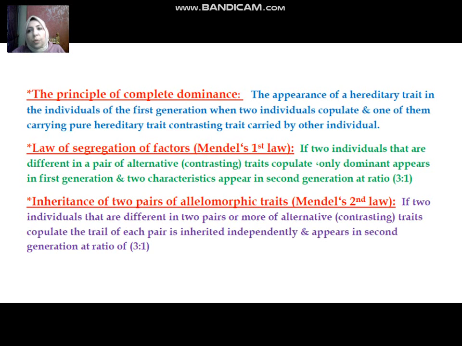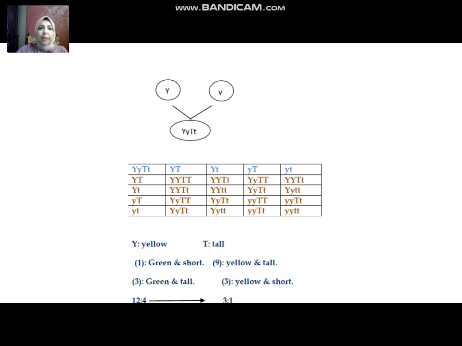For example, a pea plant with tall stem and yellow seed, two dominant traits, copulated with another one with short stem and green seed, two recessive traits, and we will see the result.